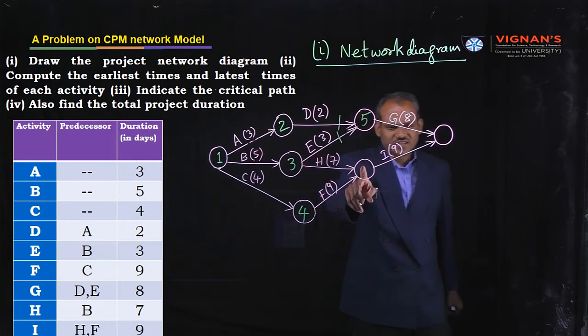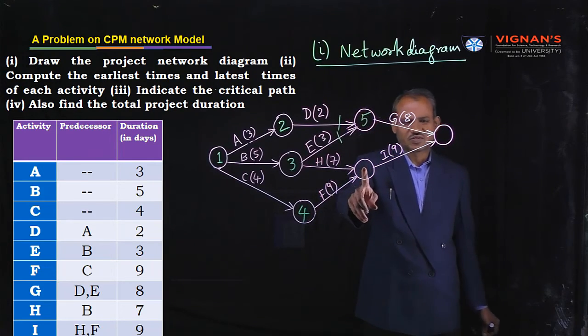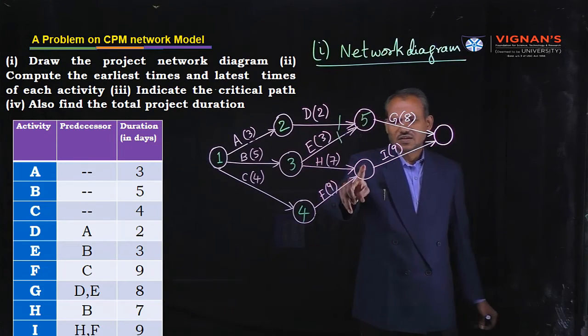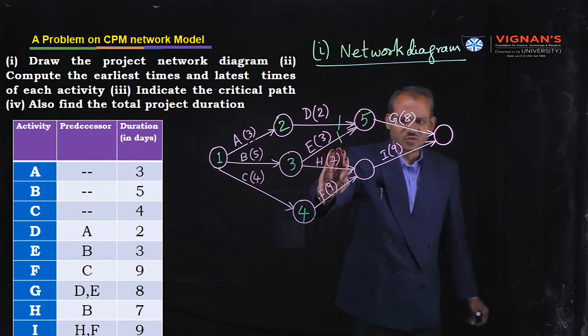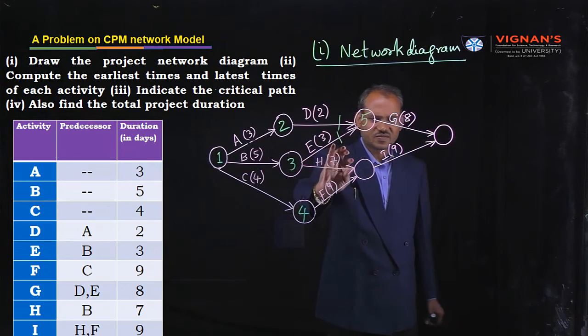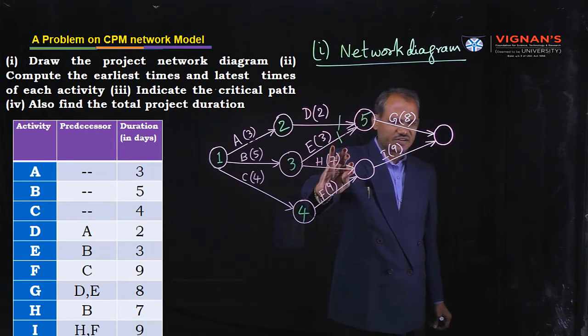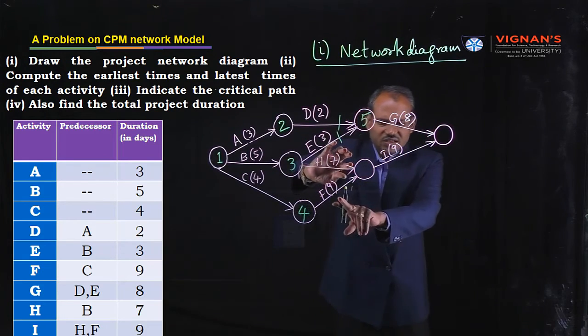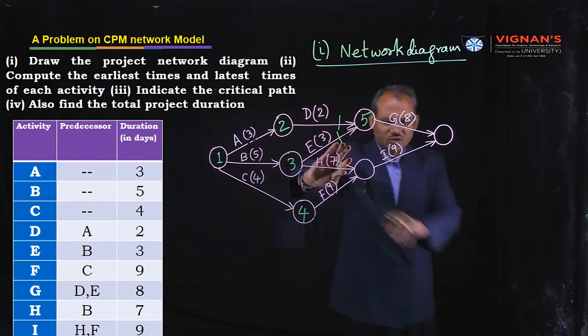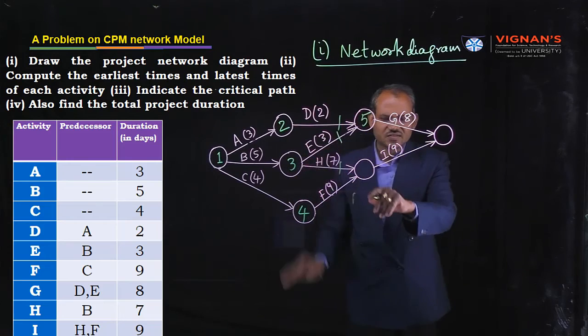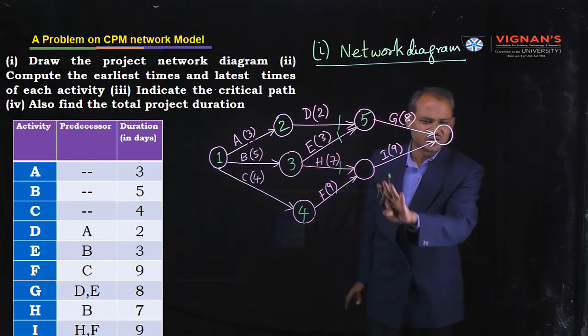Next, consider this node. For considering this node, first of all, the arrow coming from node number 3 is considered. First, ignore H activity. Remove this. One more arrow is entering, so it will not create a new initial event.